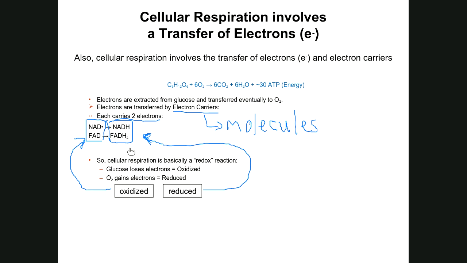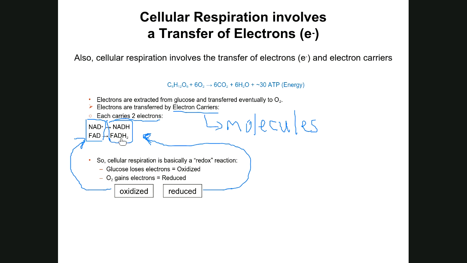Therefore, NAD+ can carry up to 2 electrons. When it gains 2 electrons, we rewrite it in its reduced form, NADH, which lets you know it's carrying 2 electrons. FAD, if reduced, is carrying 2 electrons, but we write it as FADH2.